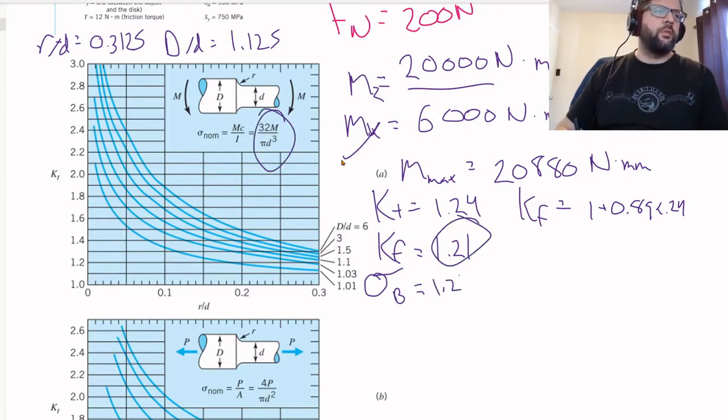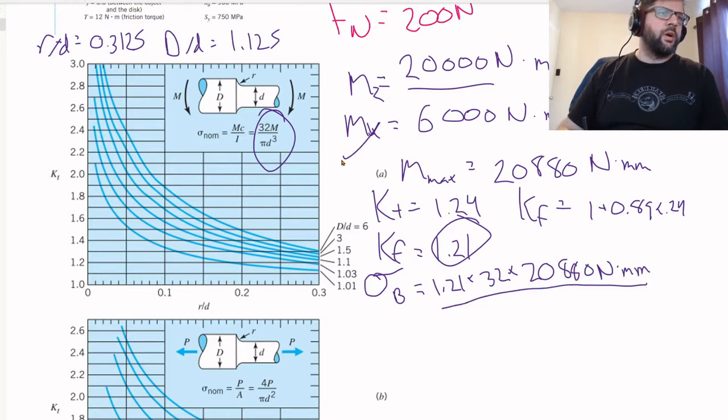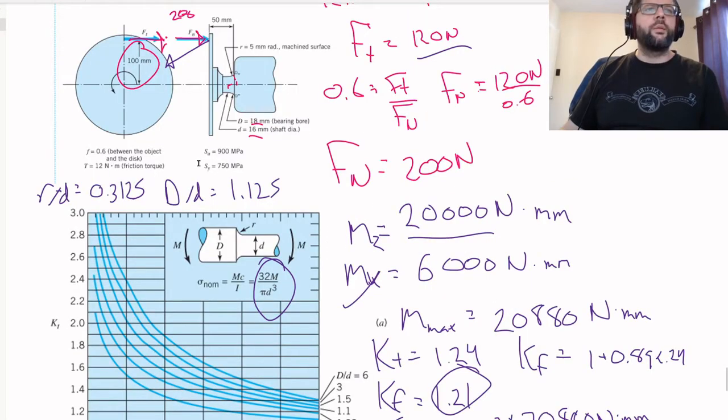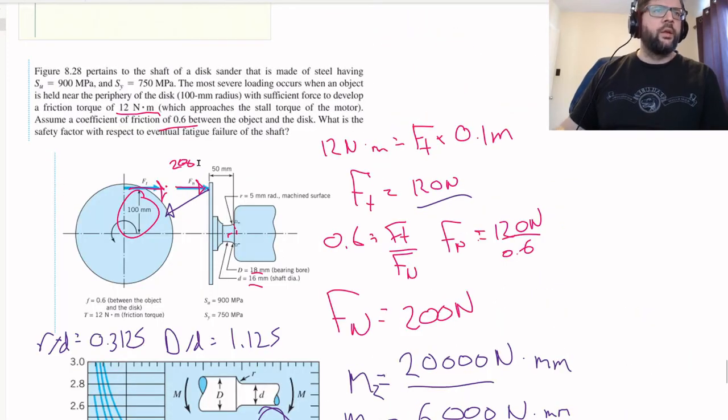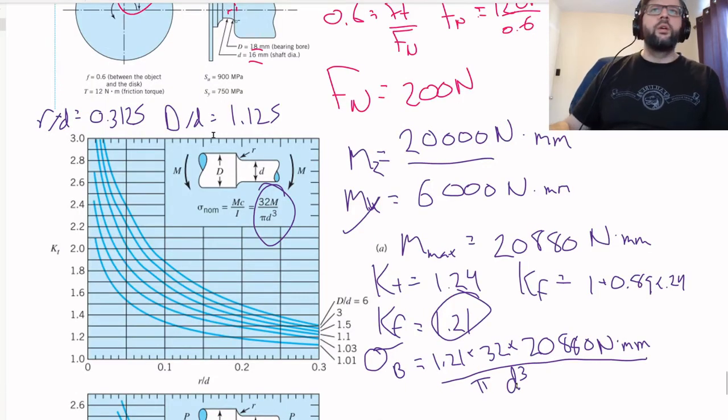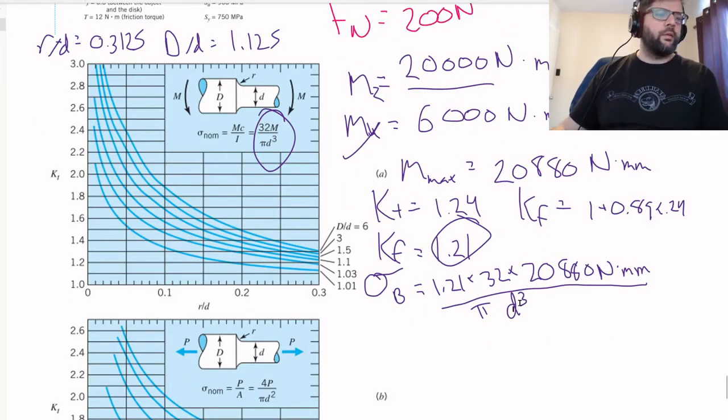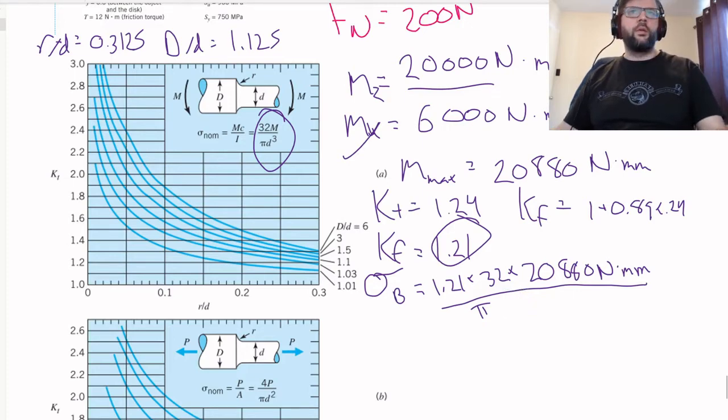So 1.21 times 32 times the M that we calculated here based upon the maximum orientation, all divided by pi d to the third. What do we got for d? 16 millimeters.